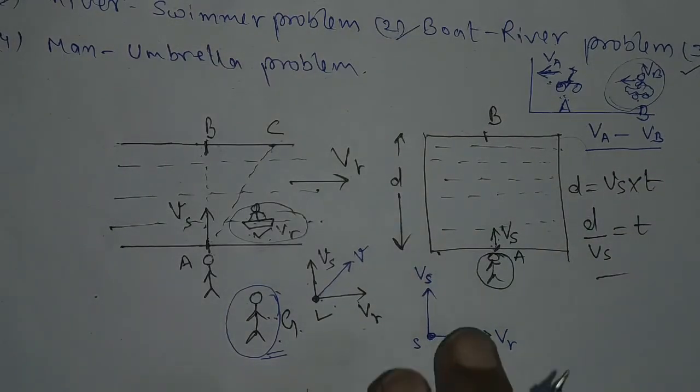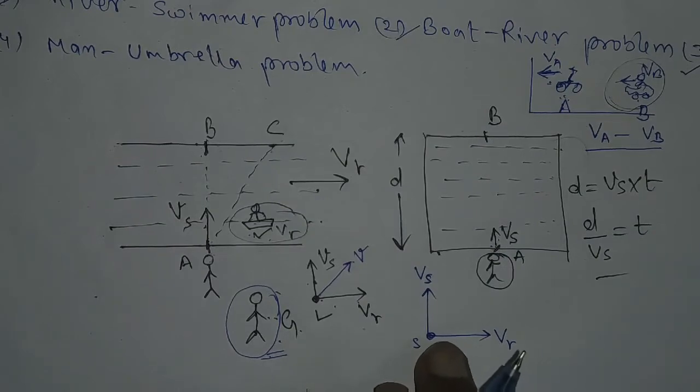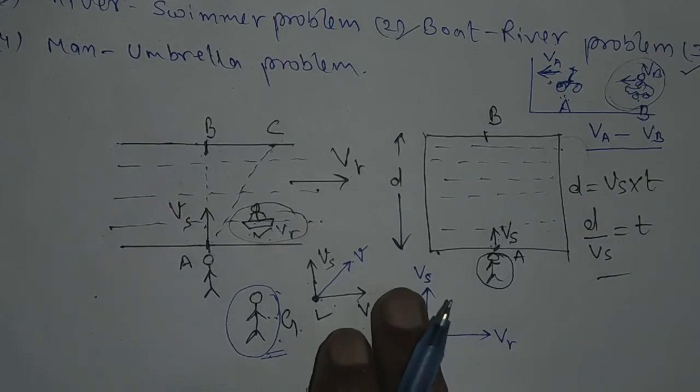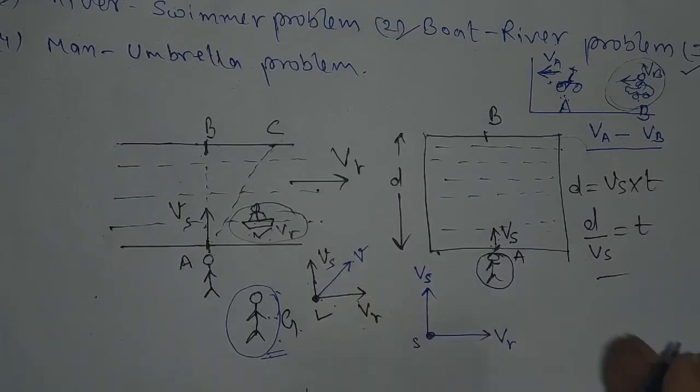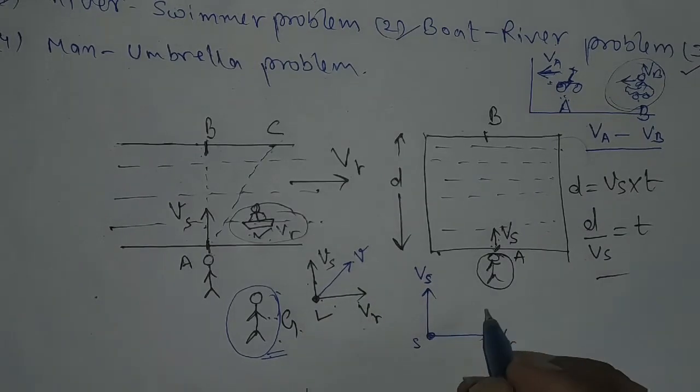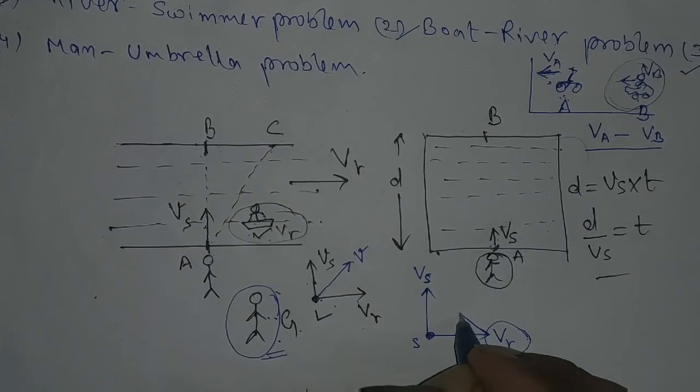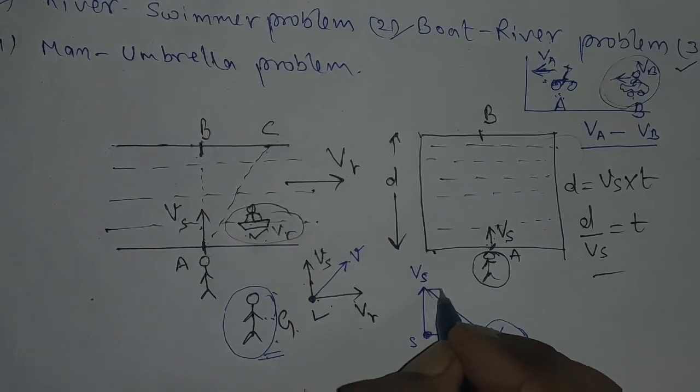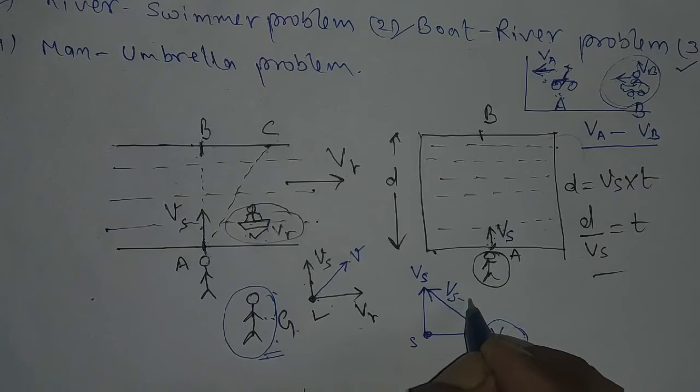See here, in this case, the river is flowing in this direction and the swimmer is going in this direction. See here, if I want to observe all the things in the boat frame of reference, then the boat velocity must be 0. So for that, this line will be the resultant velocity, means Vs minus Vr.